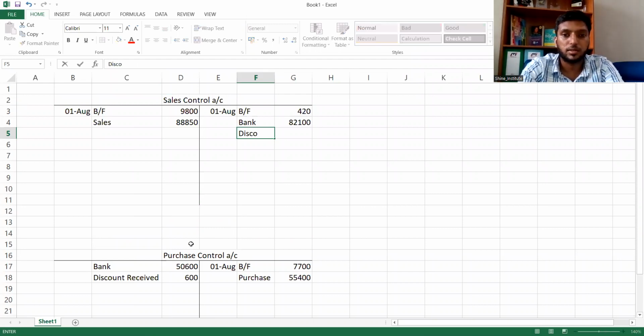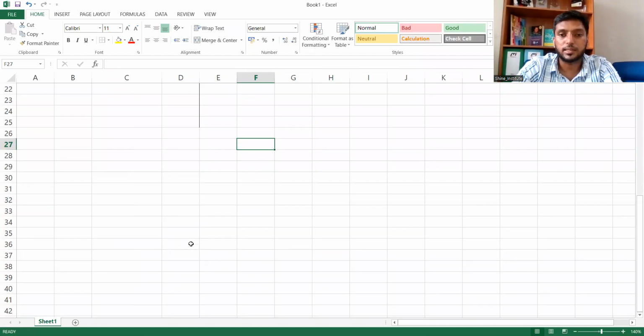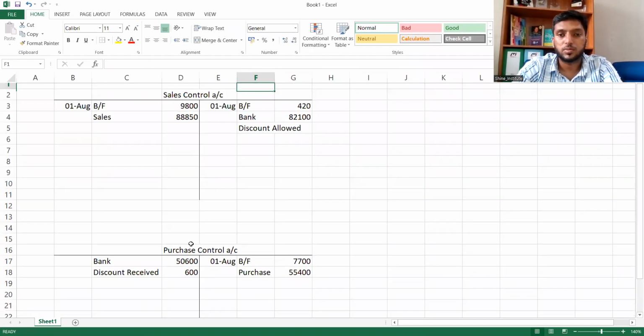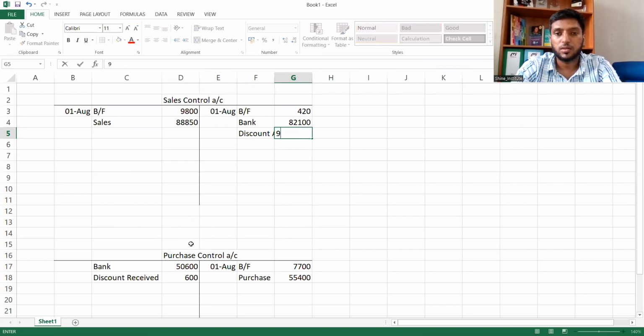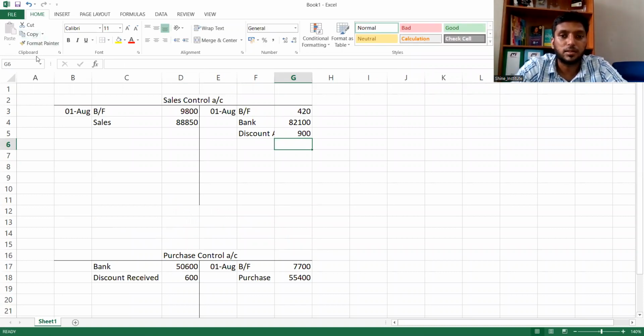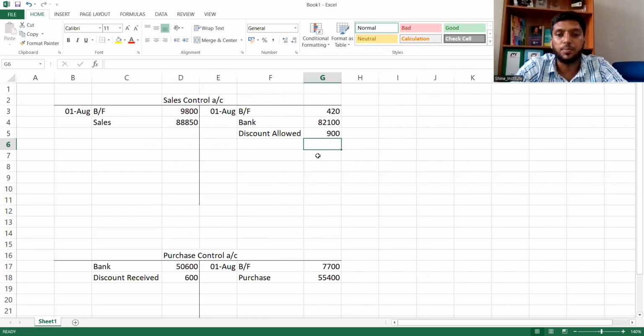It is 900. Easy as that. So we have recorded the basic stuffs. I'm going to make this a bit visible. We'll move on to the next part of the adjustment, guys.